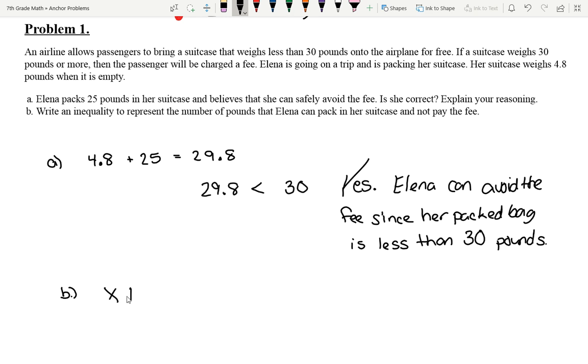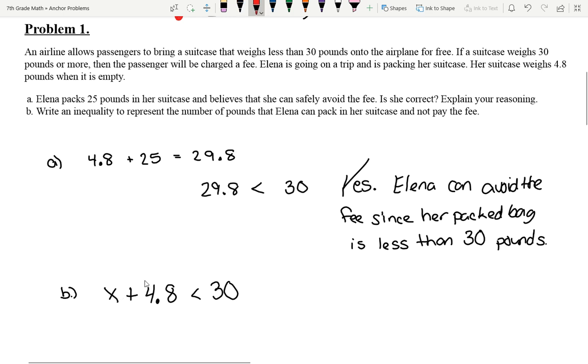Now x plus the 4 8/10 that it already was is going to need to be less than that 30 pounds. What she packs plus what the suitcase weighs needs to be less than the 30 pounds.